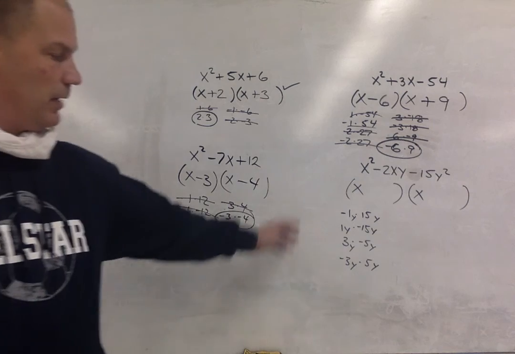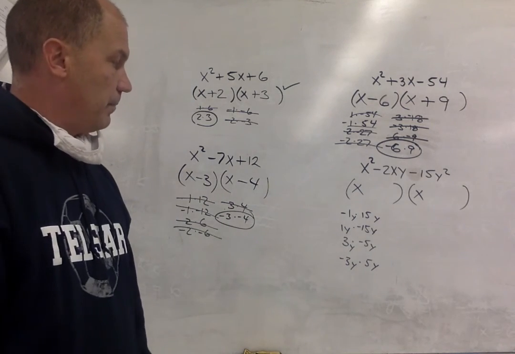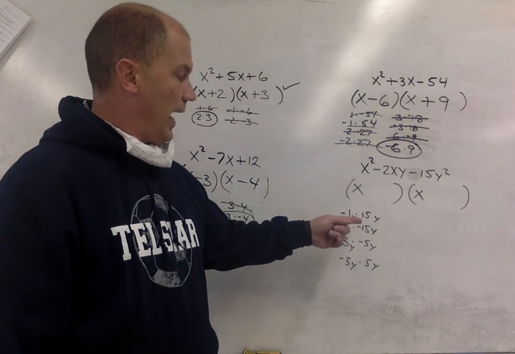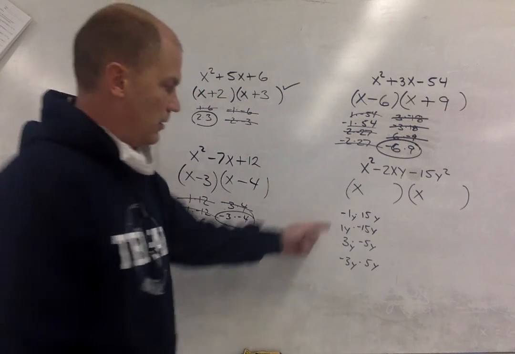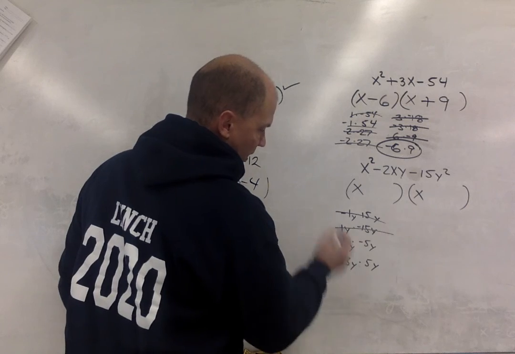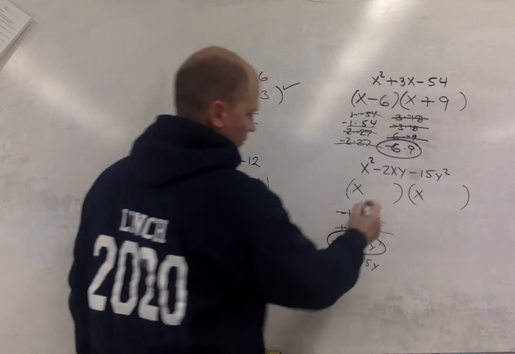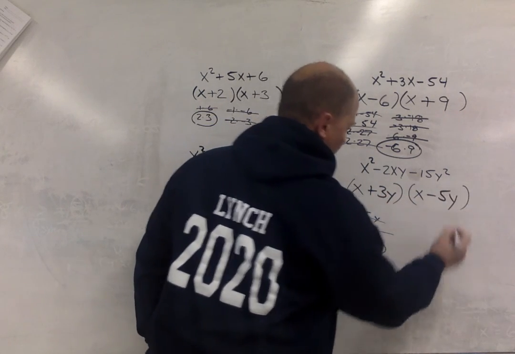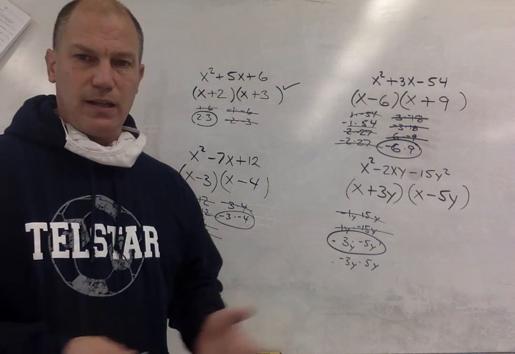So we're done because 4 doesn't work, and then we have 5. So now we're looking for two of these things that when added together will give us -2y. Well, it's not this one, it's not this one, it's either this or this. -2y is what I'm looking for, so that is going to be my answer. So I'll have plus 3y minus 5y. And that's it. That's how we multiply these together. Thanks.